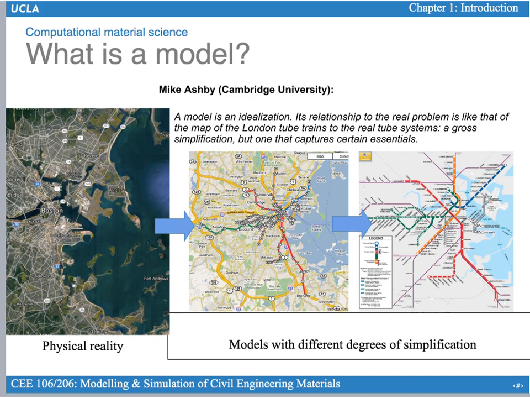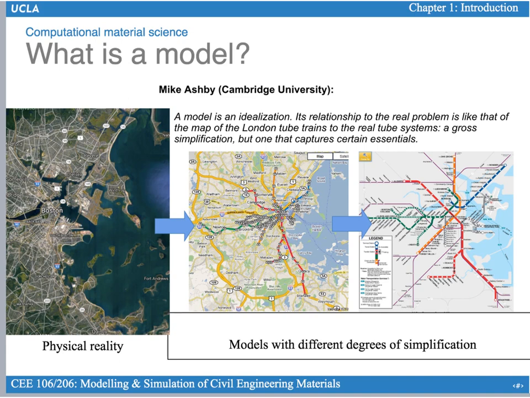And most of the time, if you want to solve a complex problem, you cannot consider the whole system in all its complexity. You need to simplify it. You need to keep only the relevant features that matter, that will have an influence on the type of problem that you are trying to solve.